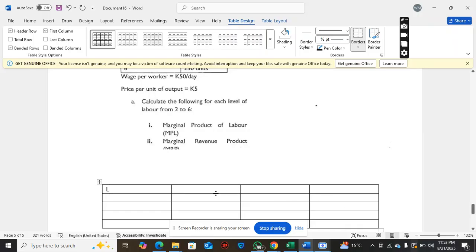We have labor here, total output, marginal product of labor, MPL, marginal revenue product.